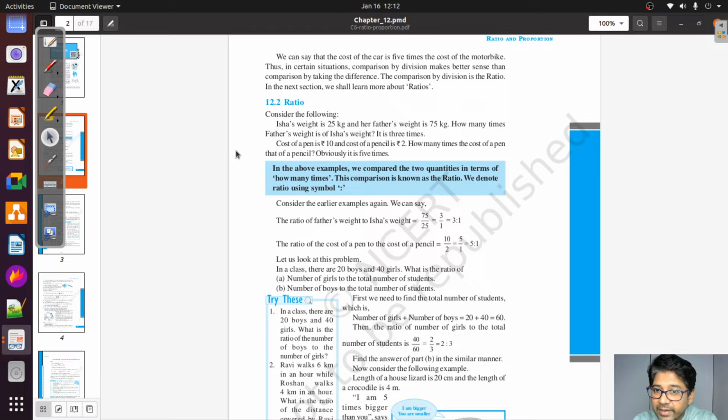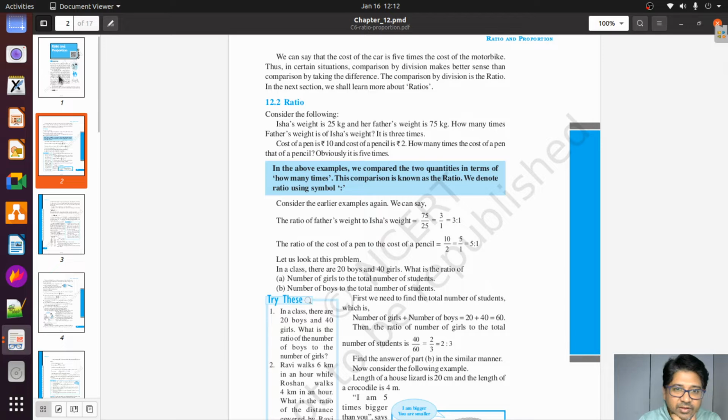Ratio is a comparison of quantities in terms of how many. This comparison is known as ratio. तो हमने definition दिया था. I have given you the easy definition.